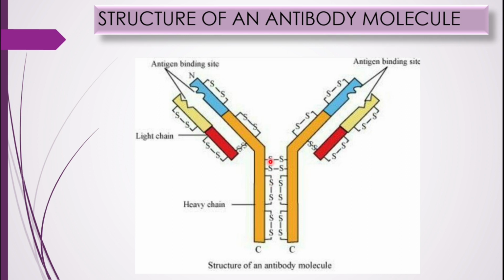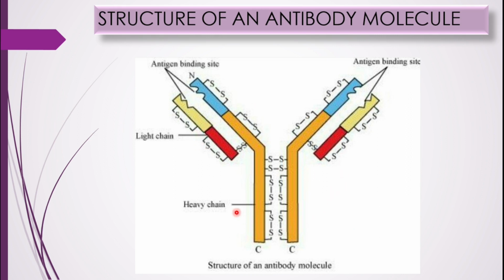All these chains are attached to each other by disulfide bonds. Then, every polypeptide has a constant part, meaning this region is known as the constant part, whether it is immunoglobulin A, D, E, G or M.